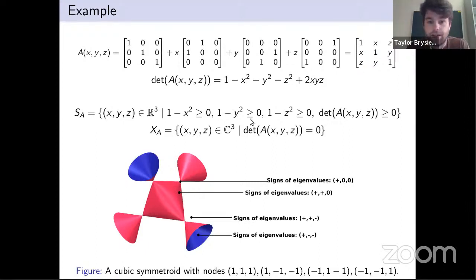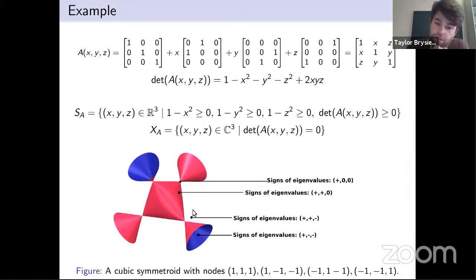That's exactly why the algebraic boundary here is given by the determinant, because that tells you when the matrix is singular. As soon as I get on that boundary, I have a 0 eigenvalue. So maybe the signs of the eigenvalues are plus plus 0 here. And then when I leave, that 0 eigenvalue becomes negative. So I'm plus plus minus.